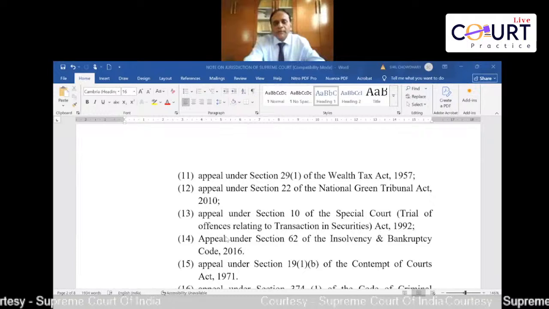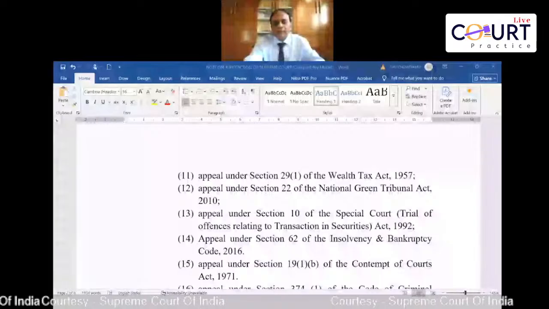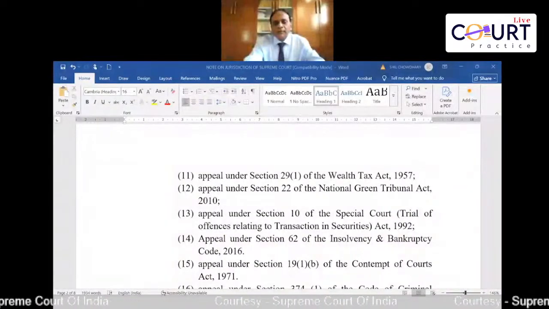So let us give an example. For example, in an agreement to sell between a builder and a purchaser, there is a clause which provides that if the purchaser fails to pay the entire consideration, the advance money paid will be forfeited. Now, an act of forfeiture, if there is a default, is a question of fact.